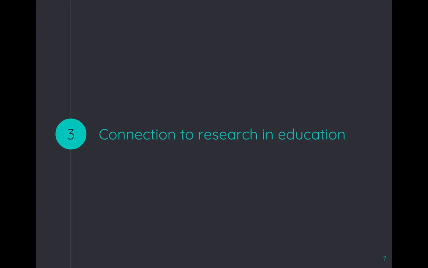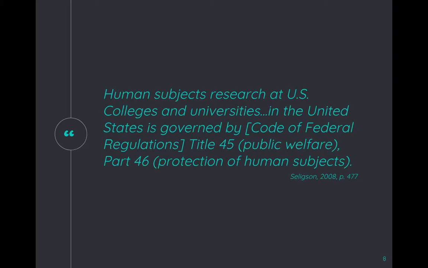So let's go a little bit deeper into this connection to research and education. In the United States, colleges and universities follow the Code of Federal Regulations, particular components of which refer to public welfare and the protection of human subjects.